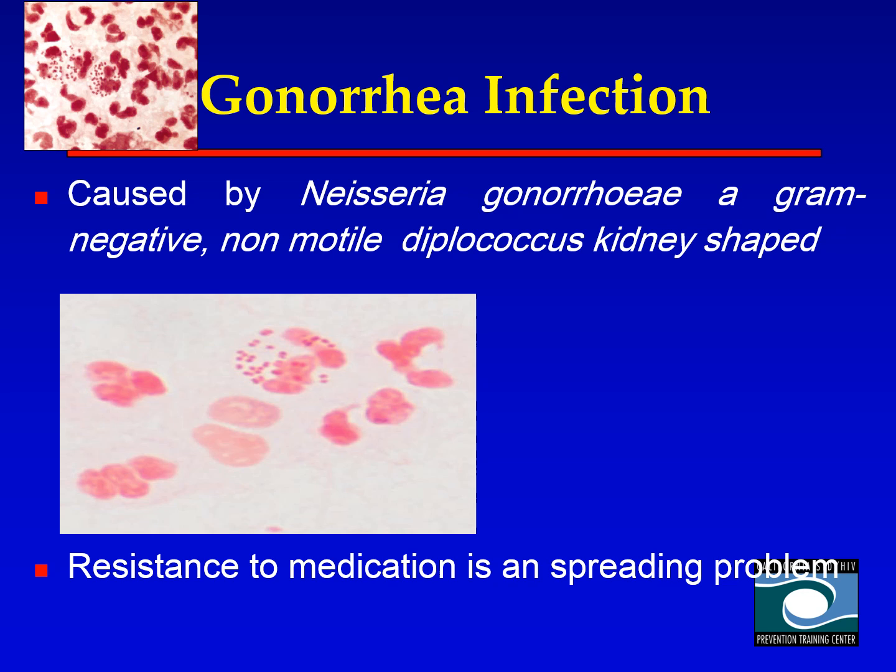But the two pathogenic species are Neisseria meningitidis, which causes meningitis and is also referred to as meningococcus, and Neisseria gonorrhoeae, which causes gonorrhea, also referred to as gonococcus.